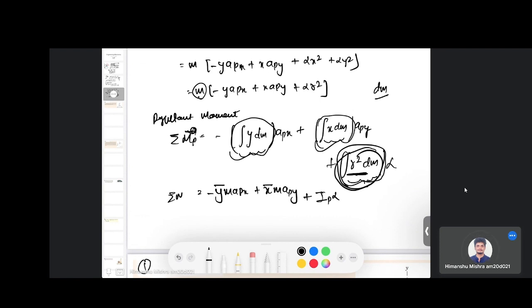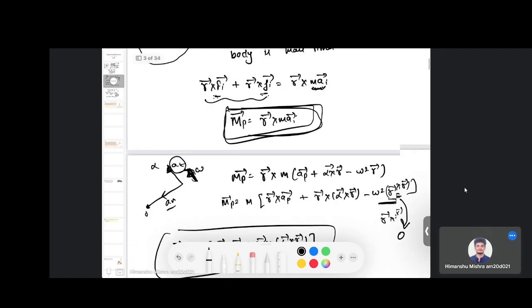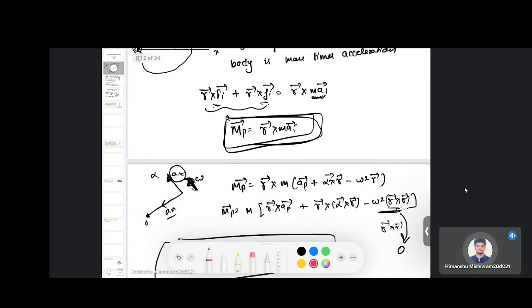So this is the summation of moments at point P in the scalar form, right? So basically we are using this expression to define the moment in a curvilinear as well as in the Cartesian coordinate. In the curvilinear, you will have two components of acceleration along tangential and normal directions, but in Cartesian it will be along the x and y directions.